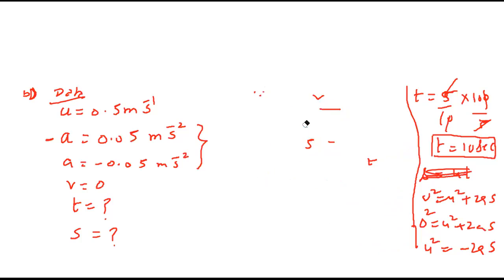u square is minus 2as. I'm putting all the values. 0.5 into 0.5 equals minus 2 into minus 0.05 into s.